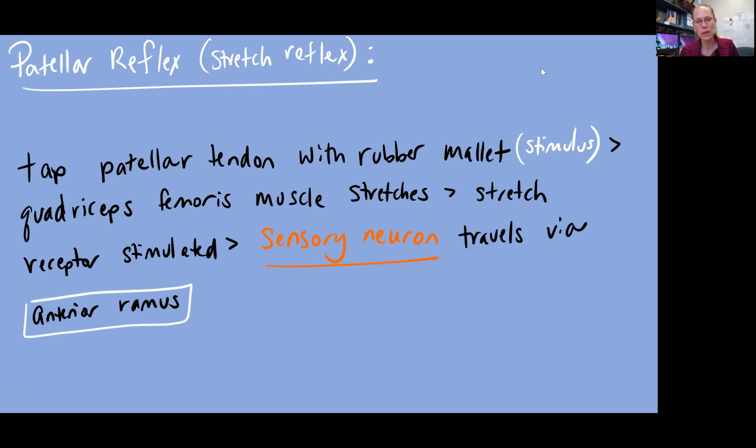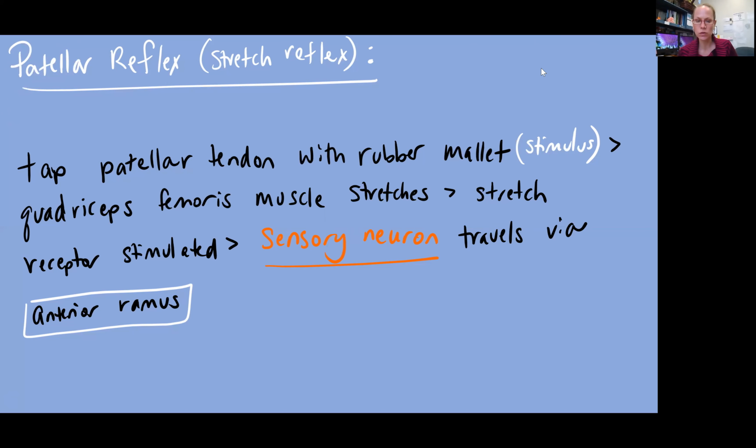The stretch receptor then synapses onto our sensory neuron, which is going to travel toward the spinal cord via the anterior ramus. Because this information is being collected from the leg, from our limb, we know that information is traveling the anterior ramus. So we are here putting together information that we've learned previously with our reflex steps.